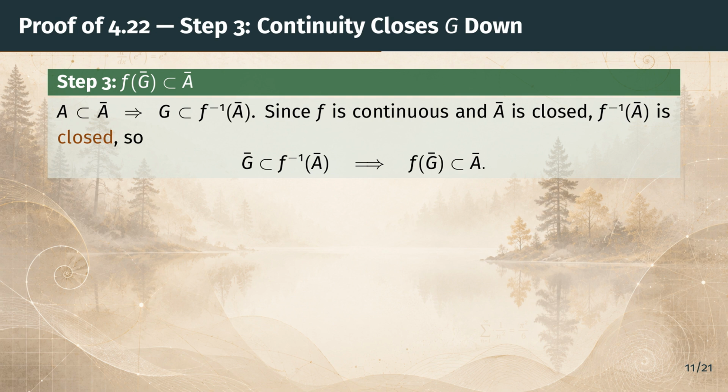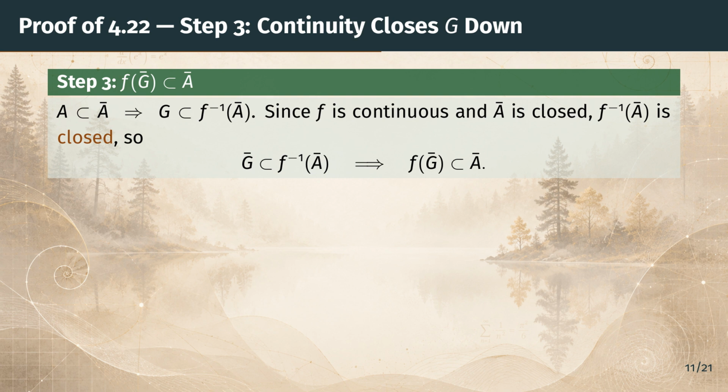Step 3 is where continuity does its work. Start with the obvious fact that A is contained in its closure. Taking preimages, G is contained in the preimage of the closure of A. Now here is the key point. The closure of A is a closed set, and the preimage of a closed set under a continuous map is closed.